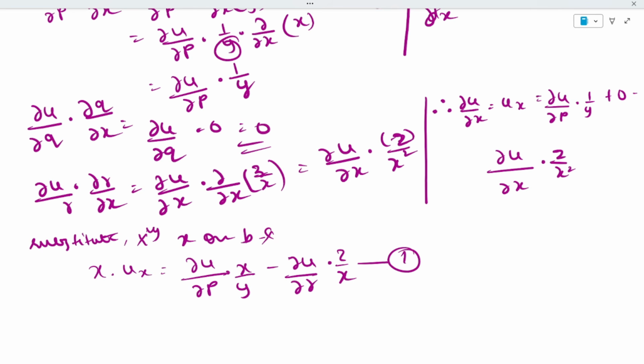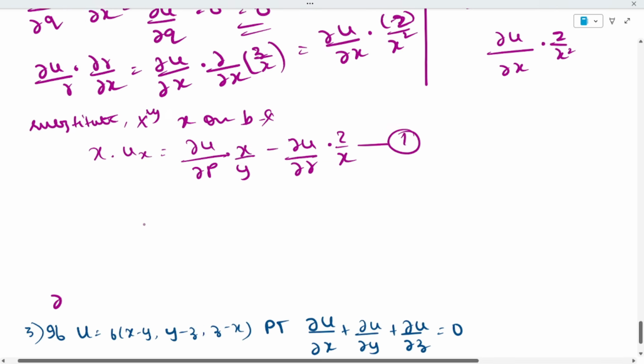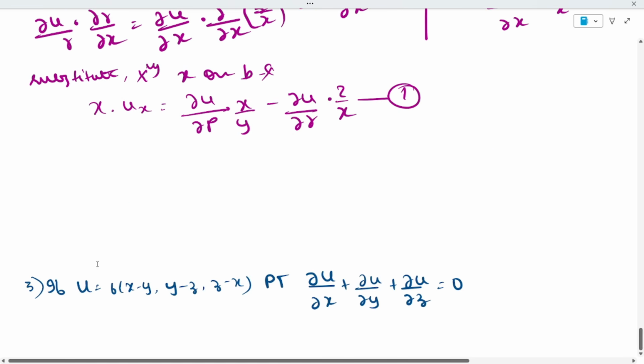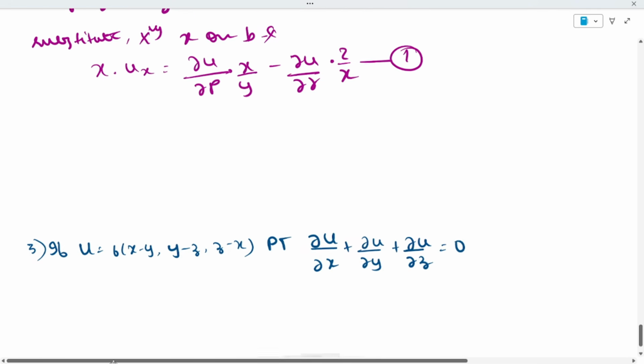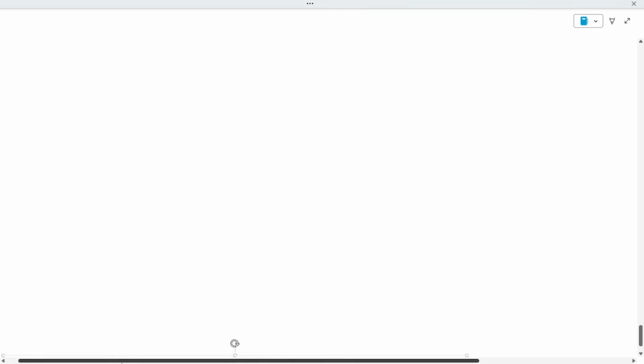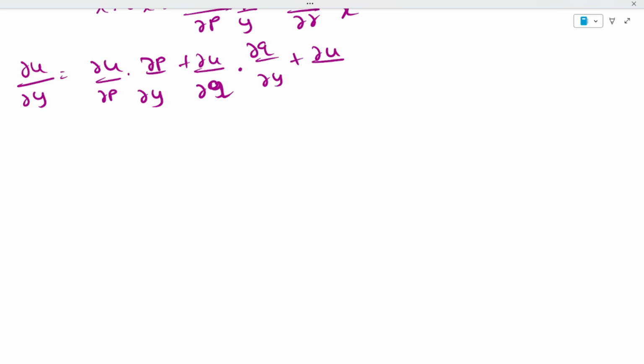Now similarly, you do it for all the problems. Now if you want to find del u divided by del y, that means del u divided by del p into del p divided by del y, plus del u divided by del q into del q divided by del y, plus del u divided by del r into del r divided by del y.